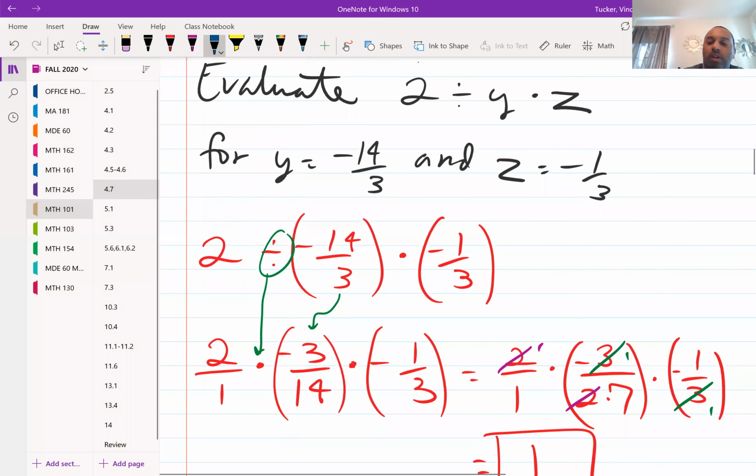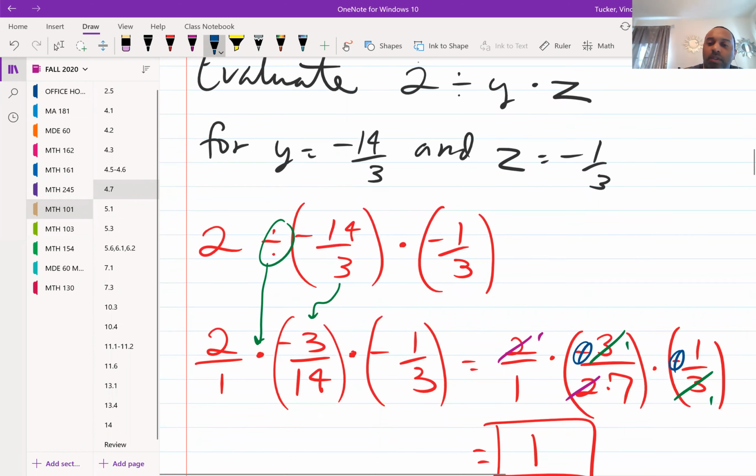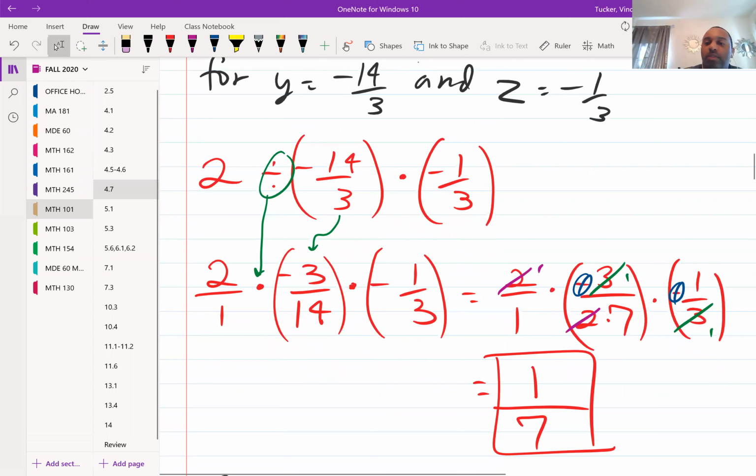Also, I have a negative here and a negative here. So if I multiply across, all I have is 1's up top, then down bottom, 7 times 1 to give you 7. So my result would be 1 over 7.